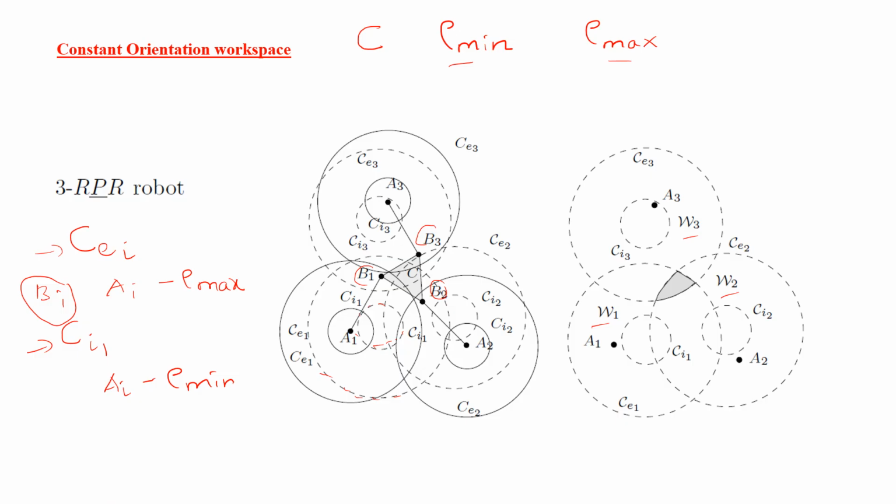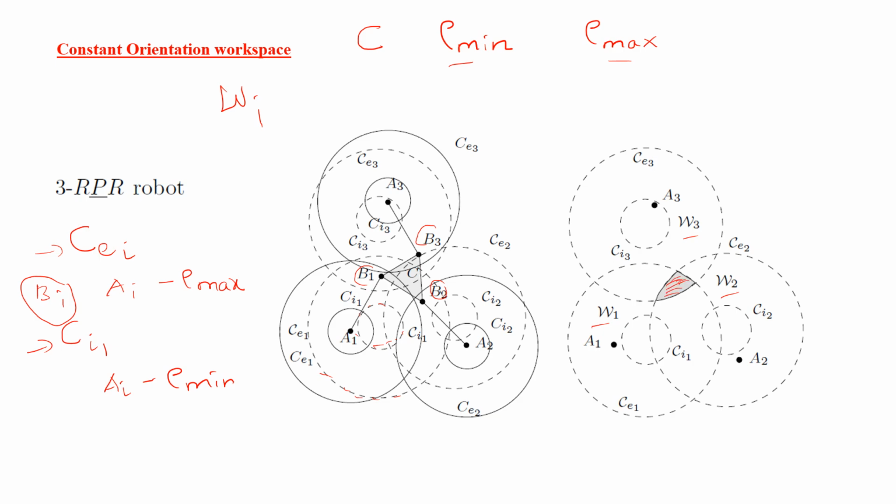If the constraints on a particular link are satisfied, then the operating point C must be inside the workspace WI. The workspace is obtained when the constraints on all the links are satisfied, and therefore it is the intersection of all WIs. This is the area you see in gray in the second figure.